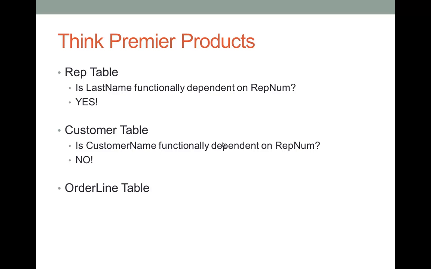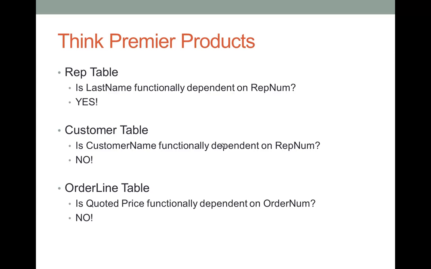Take a look at the order line table. Is quoted price functionally dependent on the order number? And the answer is no. If you take a look, you'll find that an order number occurs in a row where the quoted price is, for example, 21610, the quoted price is $495, and the next one, third record, is the same order number and the quoted price is $399.